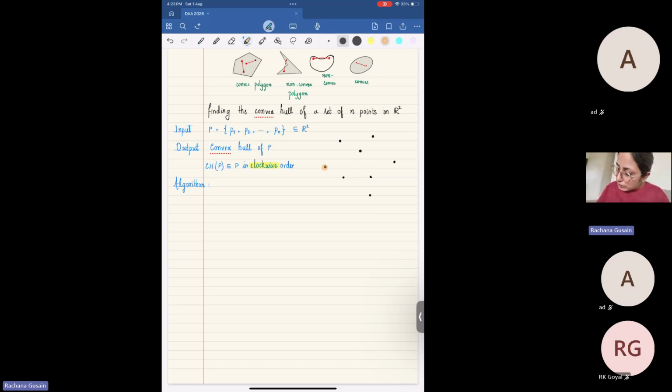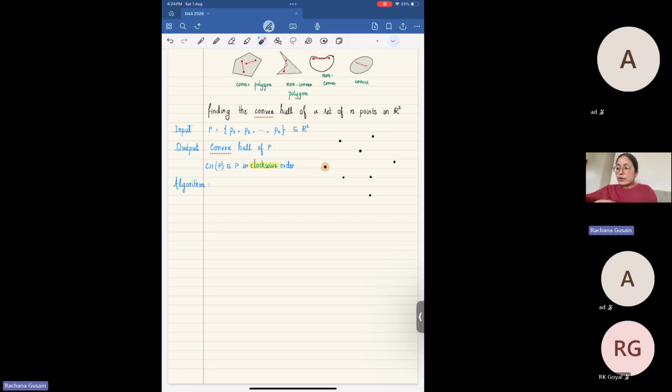And that point must be part of the convex hull. I cannot miss this point. Similarly, the point with the maximum x coordinate also has to be in the convex hull. The point with the maximum y coordinate has to be in the convex hull. The point with the minimum y coordinate. So all these 4 points, the extreme points, points with minimum or maximum x coordinate or y coordinate, have to be there in the convex hull.